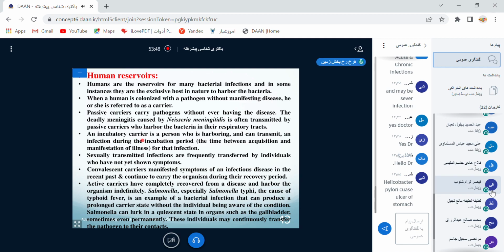An incubatory carrier is a person who is harboring and can transmit an infection during the incubation period. What is the incubation period?